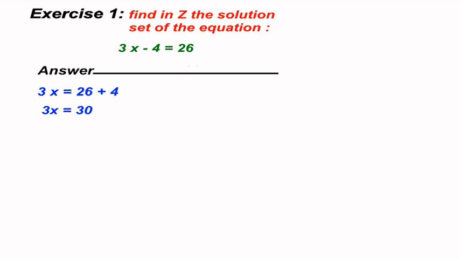So x equals 30 divided by 3. Yes, very good. 30 divided by 3 equals 10. So x equals 10. 10 is an integer number. So the solution set of the equation equals 10.